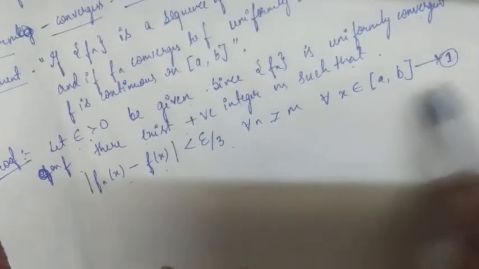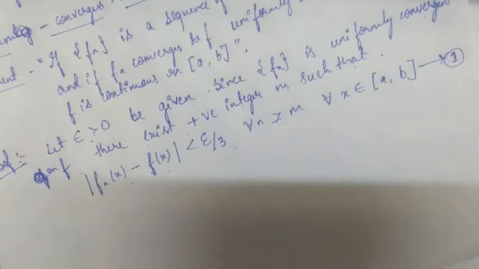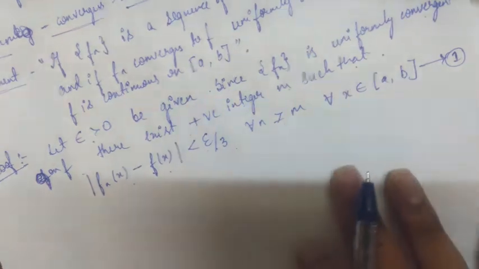We are taking epsilon by 3 so that we can solve the proof in an easier way.